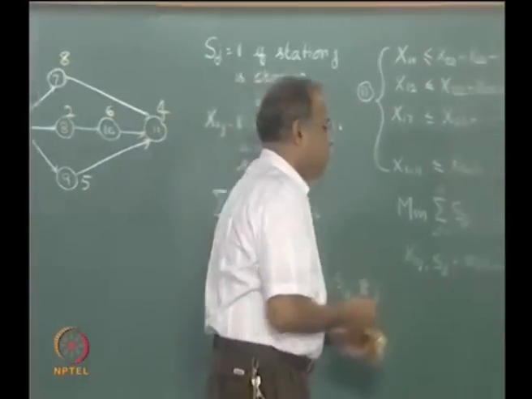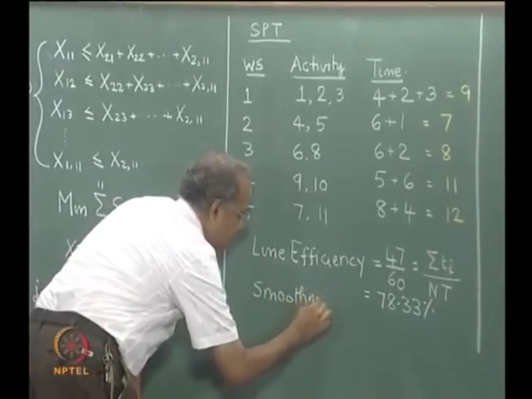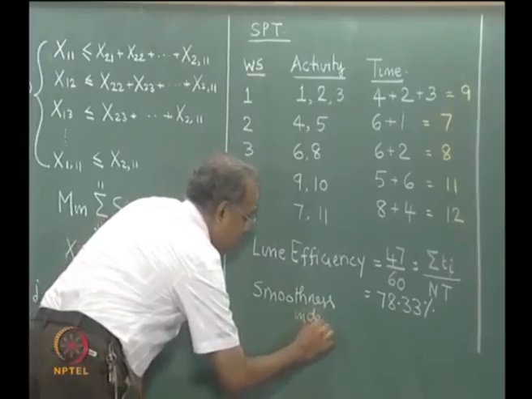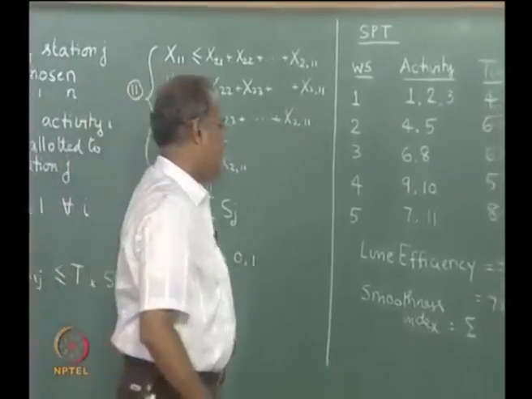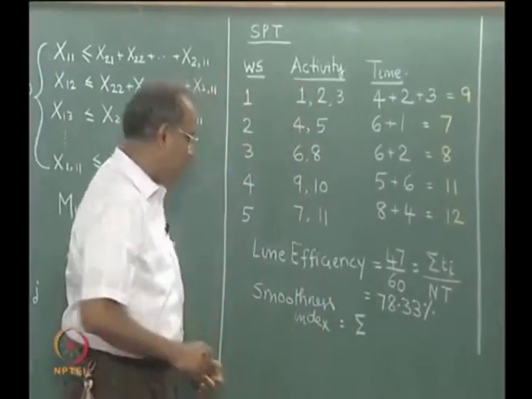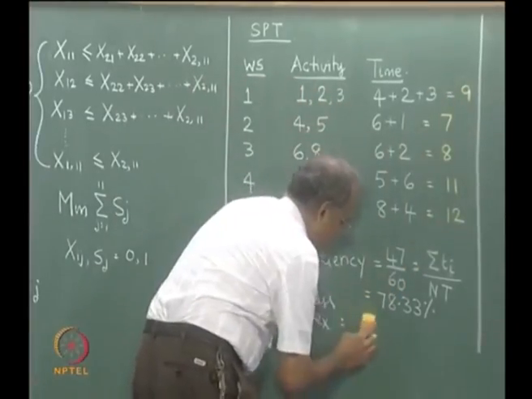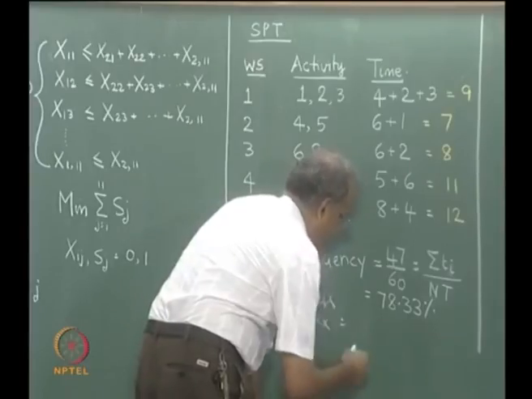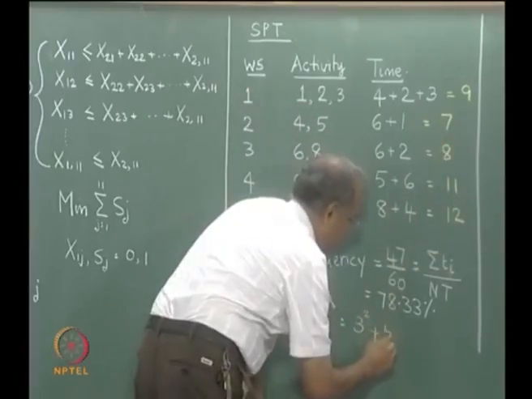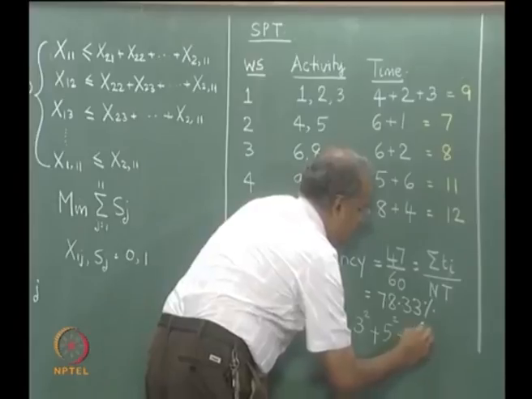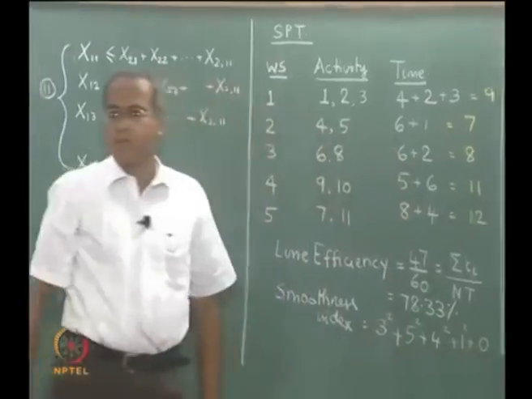So, there is a measure called smoothness index which tries to measure this. In this example the smoothness index will be, the actual cycle time is 12. So, 12 minus 9 which is 3 square, plus 5 square, 12 minus 7 is 5 square, plus 4 square plus 1 square plus 0.